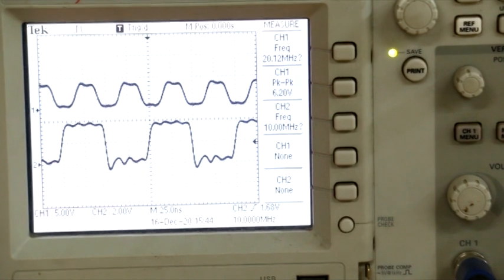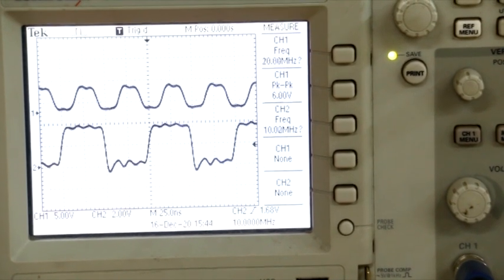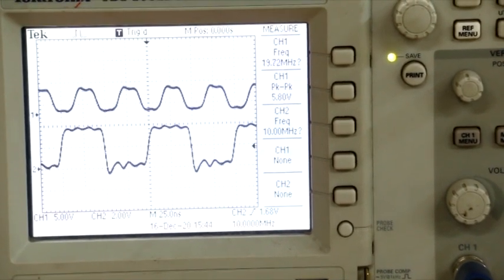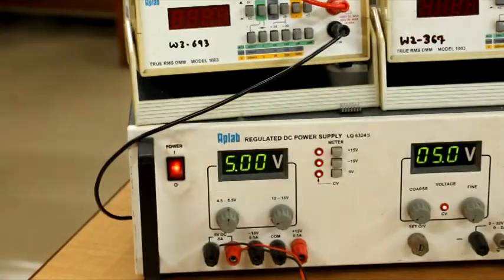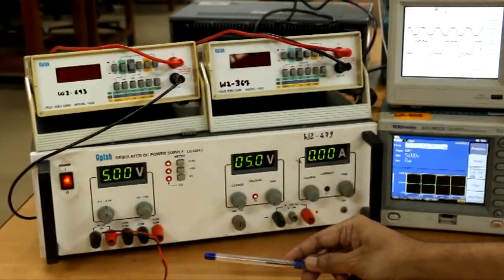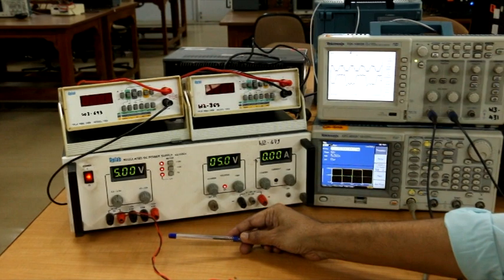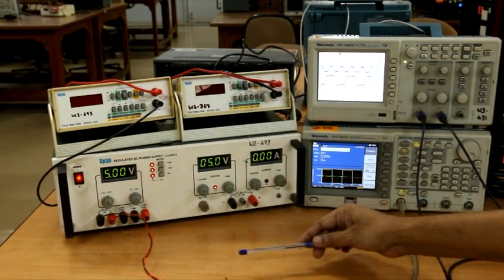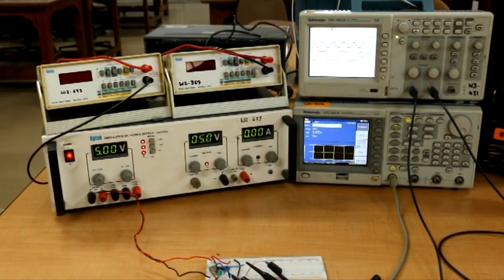But unfortunately in TTL, the current drawn when the gate or flip-flop is high or low is different. Therefore, you have a problem. These wires we are using have some finite inductance, and you have the problem of L di by dt, because of which you will definitely get quite high switching noise.